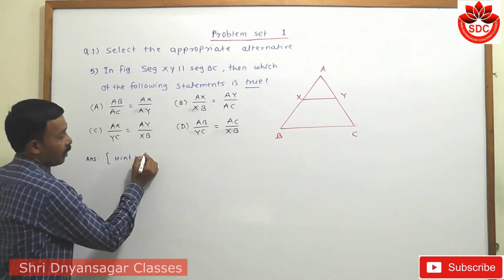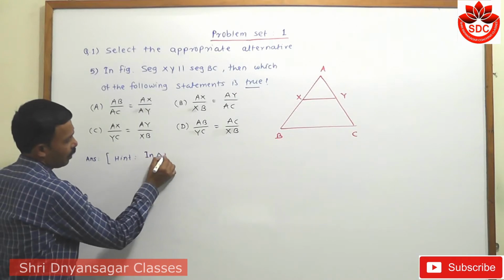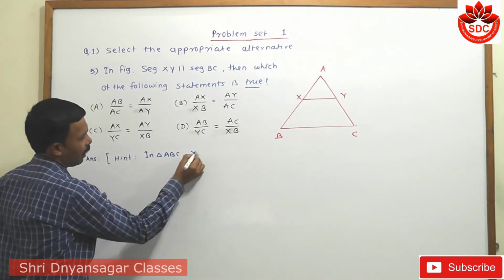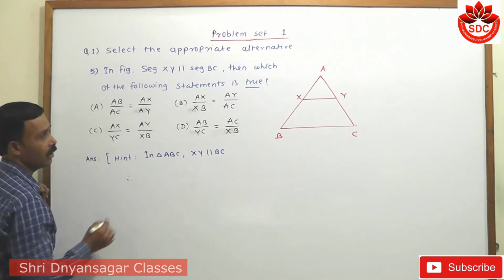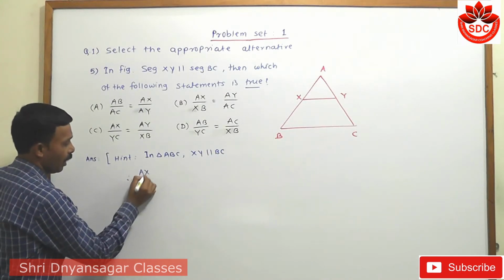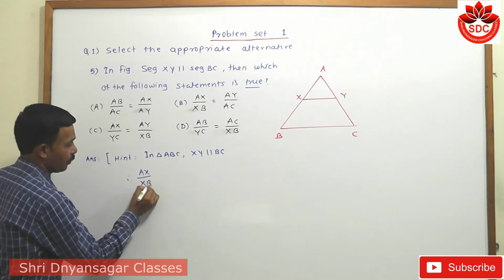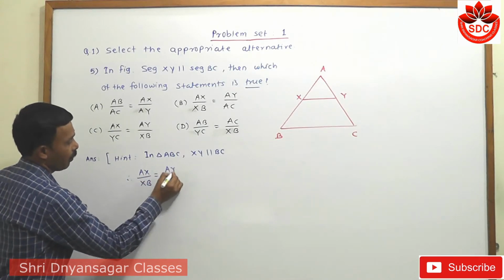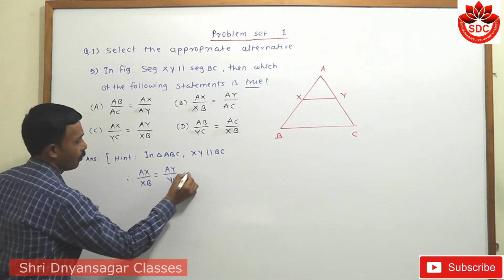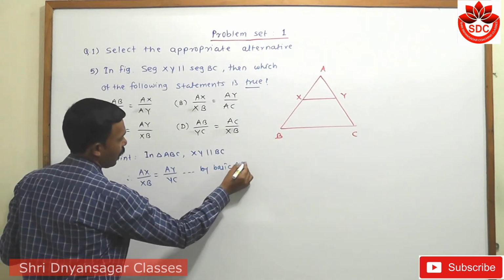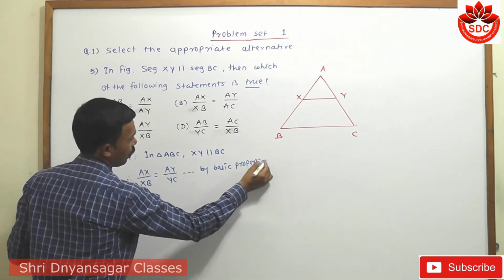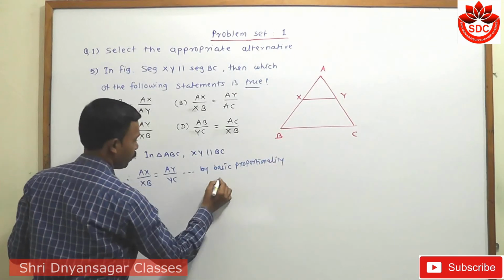Then in triangle ABC, XY is parallel with BC, which is given, so by using the basic proportionality theorem, AX upon XB is equal to AY upon YC.